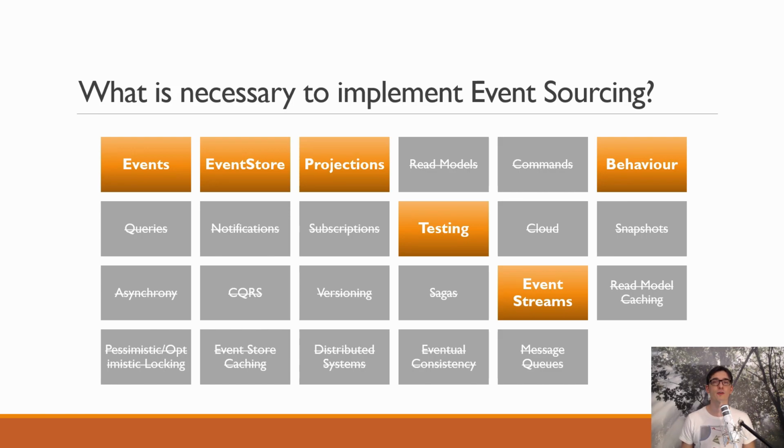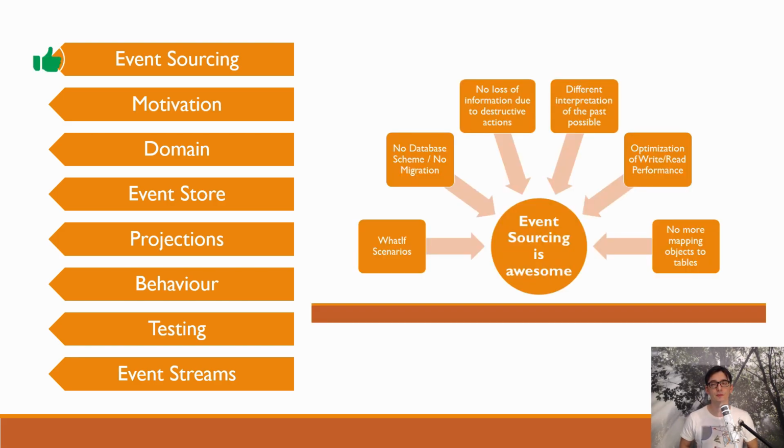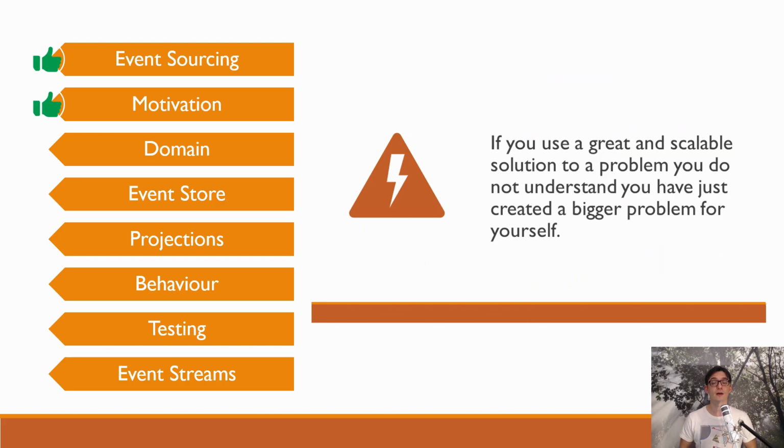So having a small look back, let's check what we have done or what we have achieved together. So in the beginning, I was talking about event sourcing in general. I tried to introduce the topic to you, and I gave the motivation why I think event sourcing is very important and is a very cool topic, and also why I think that it is important that we're actually doing it on our own.